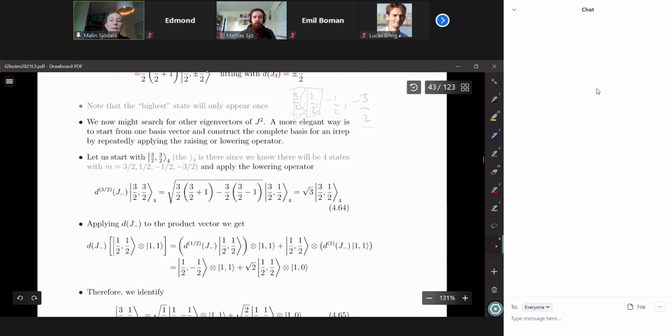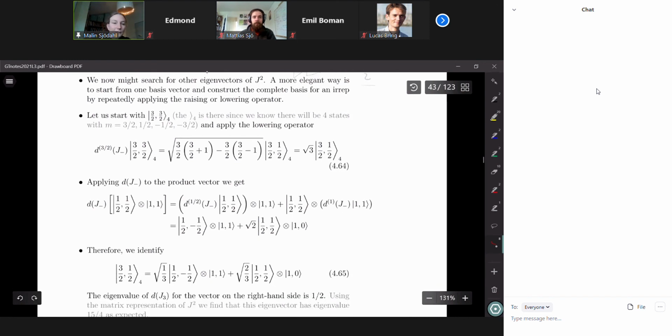Now let's see the state that we get when we act with J minus. So we act then with J minus in this direct product form. So recall that once we should act on this representation, do nothing to the other, and once we should act on the other representation and do nothing to the first. So here we act on the first representation and we do nothing to the other.